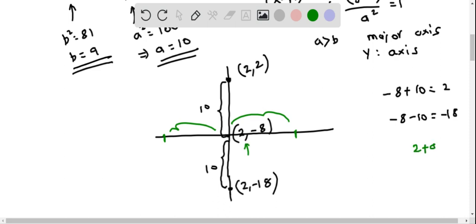That is 2 + 9 = 11. So this becomes (11, −8). And I will also have to subtract 9 from 2. So that is 2 − 9, which equals −7. So the other coordinate of the minor axis is (−7, −8). So basically we got the 4 points. So we can connect all the 4 points to get the ellipse. So I'm going to do that.